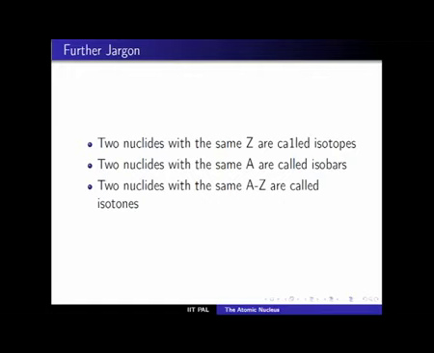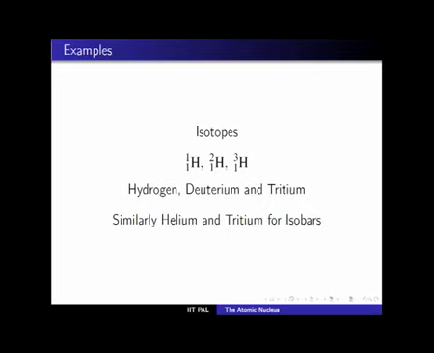If you take 2 nuclides with the same A, they are called isobars. Bar is like weight. And 2 nuclides with the same A minus Z, that is, the same number of neutrons, are called isotones. Isotones are not very important for us either in chemistry or physics, but isobars and isotopes are both very, very important, and let us give some examples.